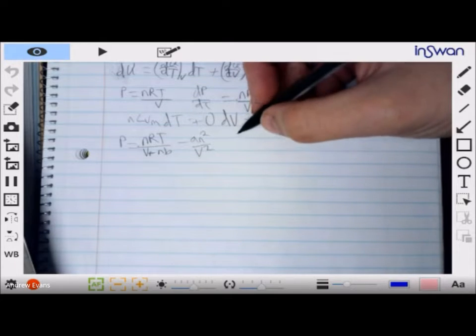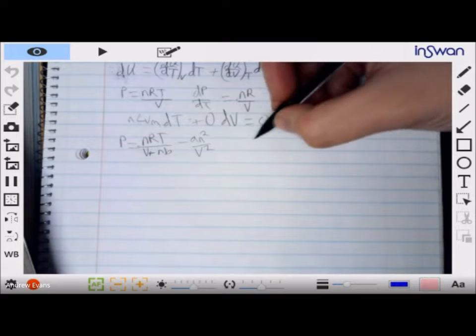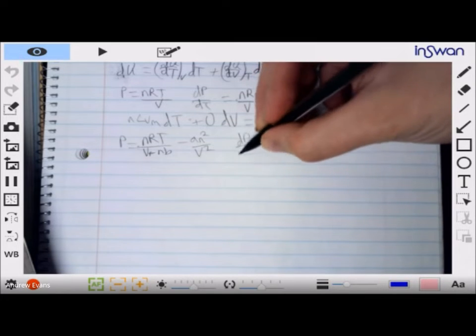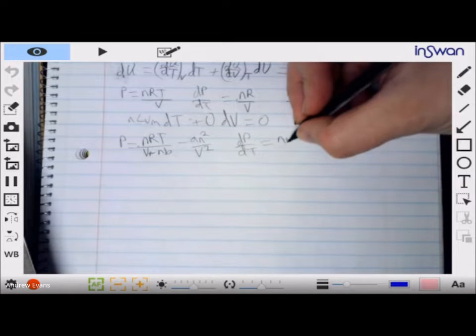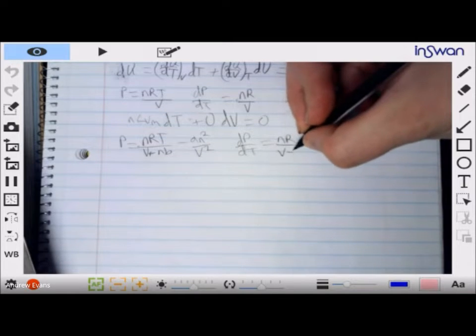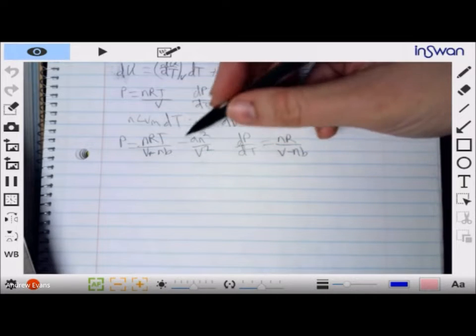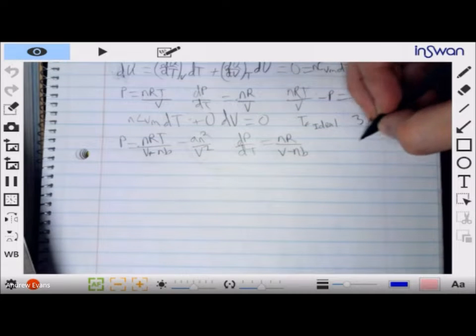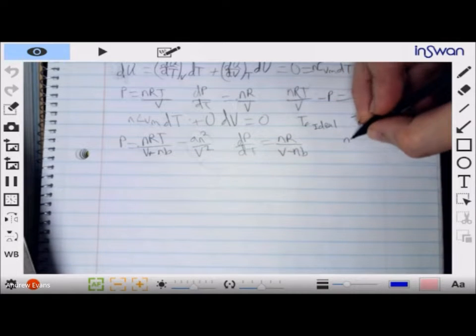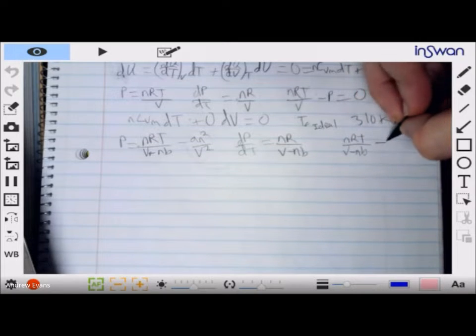So with that in mind, the dP/dT of this becomes nR over V minus nb. So the whole attractive term drops out. When I multiply by T, I get nRT over V minus nb minus our pressure.